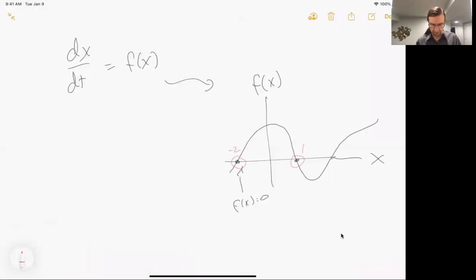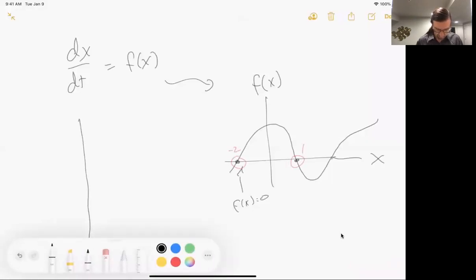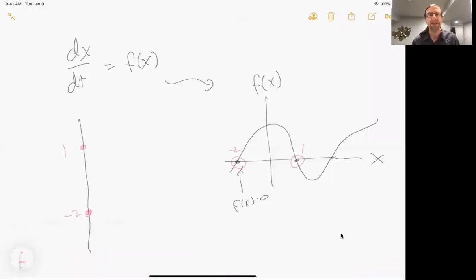That means that once I start drawing the phase line, I know that I have an equilibrium point down here at -2 and an equilibrium point up here at 1. So the question is, what's happening in between those equilibrium points, or more importantly, what's happening near those equilibrium points? That's really what we're trying to get at with this idea of linearization.